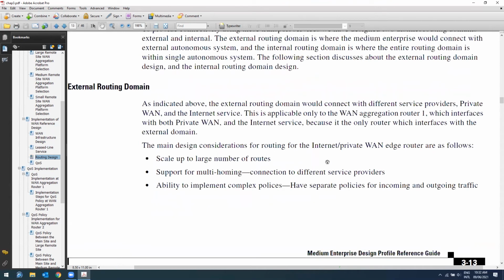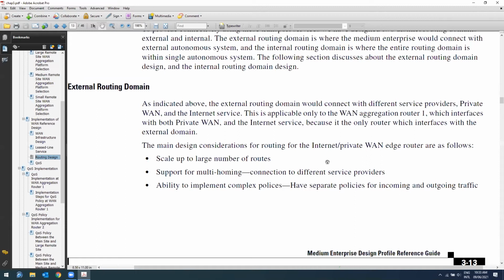So external routing domain, okay, is indicated above. The external routing domain would connect the different service providers, provide WAN and the internet service. This is applicable only when the WAN aggregation router 1, which provides both private WAN and the internet service, because it is the only router which interfaces with the external domain.